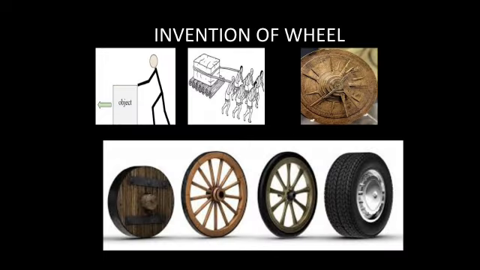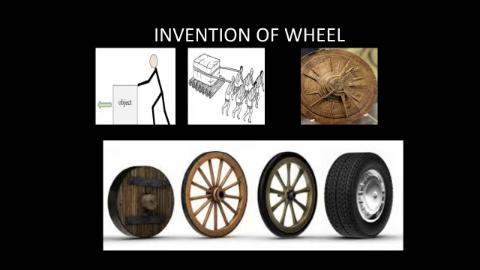Now moving on to the invention of the wheel. Ancient people started shifting heavy objects just by pushing them. You can see in the first picture, they are pushing it and transporting it. Then they realized cylindrical logs could be kept at the bottom of that bigger object, and by the rolling effect of the logs, the object could be transported easily.